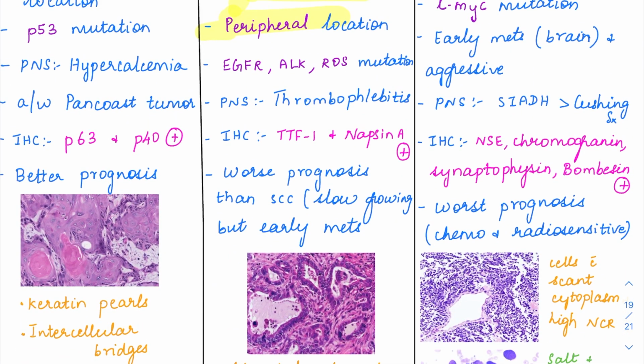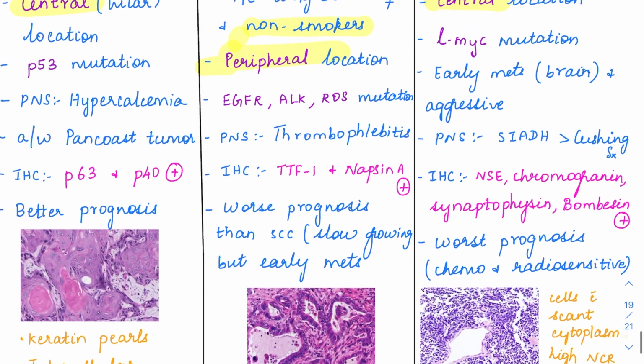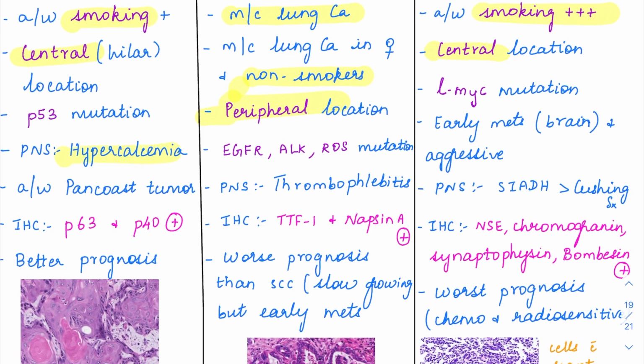All of the lung tumors are usually associated with paraneoplastic syndromes. The most common paraneoplastic syndrome associated with squamous cell carcinoma is hypercalcemia, while in adenocarcinoma it is thrombophlebitis. Any mucin producing adenocarcinoma can result in Trousseau's sign, which is migratory thrombophlebitis. So adenocarcinoma is related with thrombophlebitis.